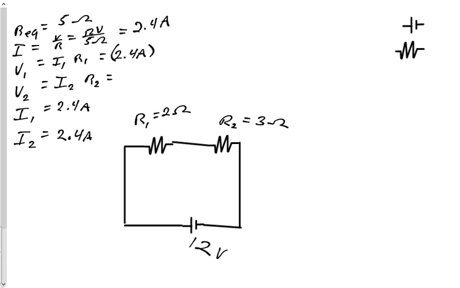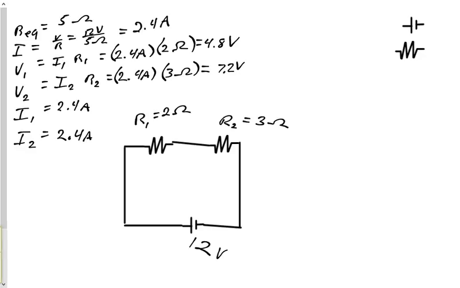I'm going to multiply that by the resistance, which is 2 ohms for resistor 1. And that gives us 4.8 volts. Here we've got 2.4 amps times the 3 ohms of resistance, and that gives us 7.2 volts.